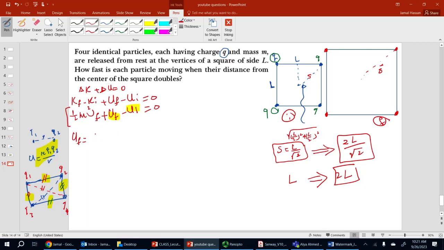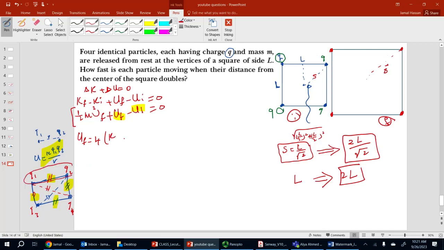Okay, so I'm going to write it U final equal to. Remember, I have 4 terms. I have 4 terms of those. So it's 4 multiplied by adjacent, mean these two, equal to K Q times Q, Q squared divided by L. Okay. Plus, I have 2 diagonal terms, so I'm going to say 2. Actually, I did one mistake.